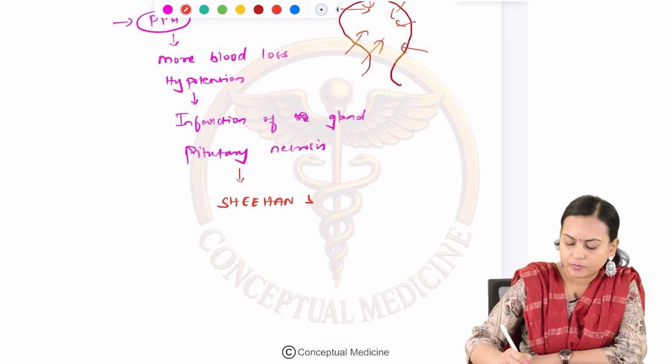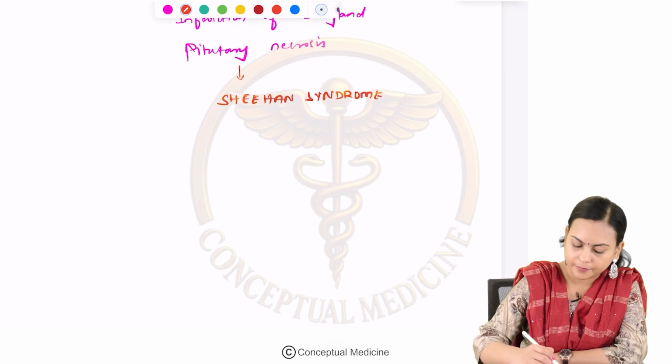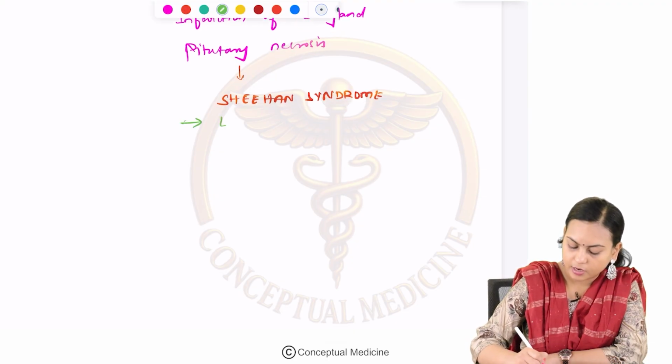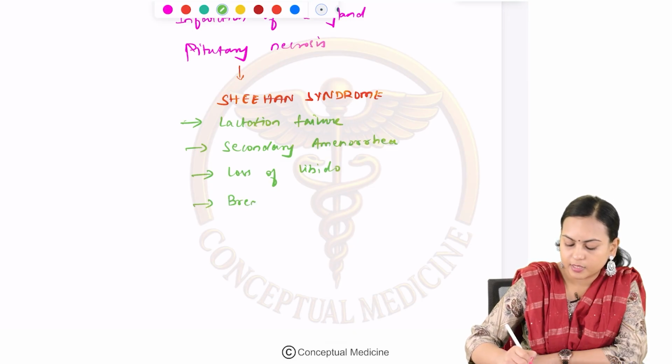Okay. Now this syndrome is characterized by lactation failure. There is secondary amenorrhea, loss of libido, breast atrophy.